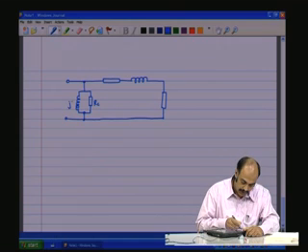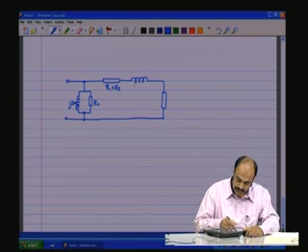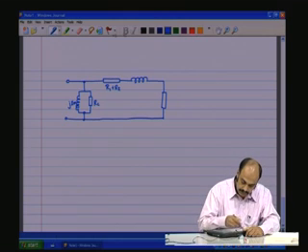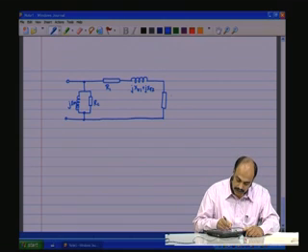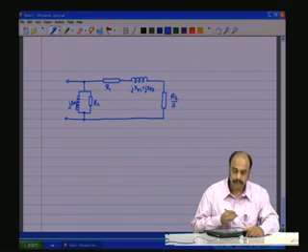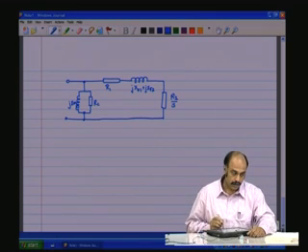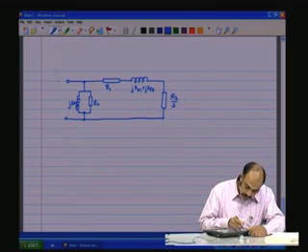This is the magnetizing reactance. This is R1 plus R2, and this is R1, and this is JX sigma 1 plus JX sigma 2, and this is R2 by S. Okay, and we are applying normally the source here.